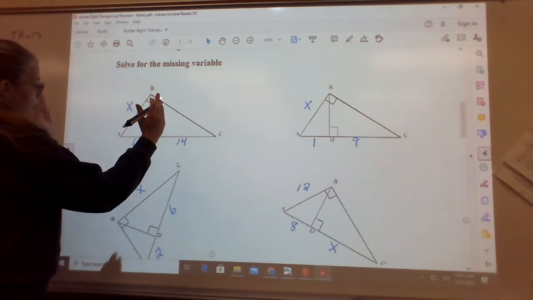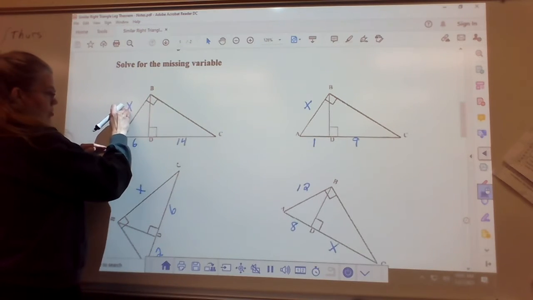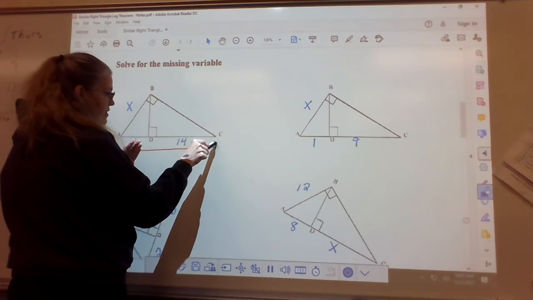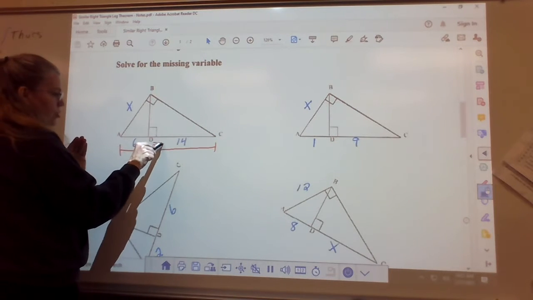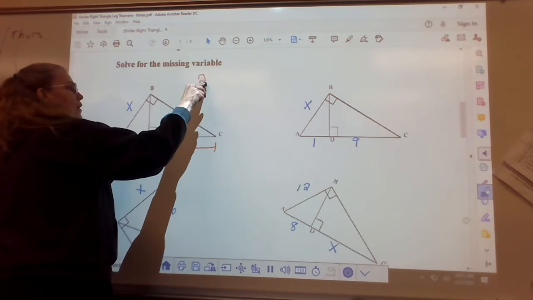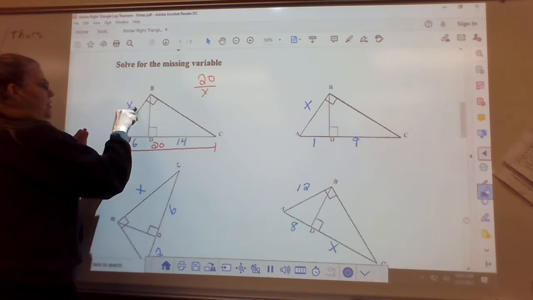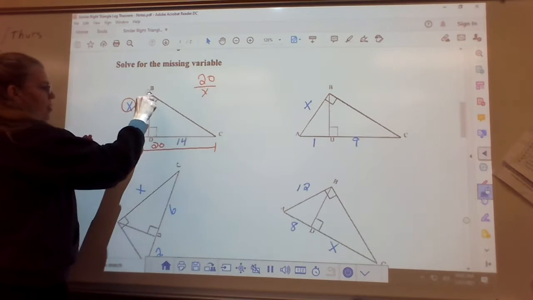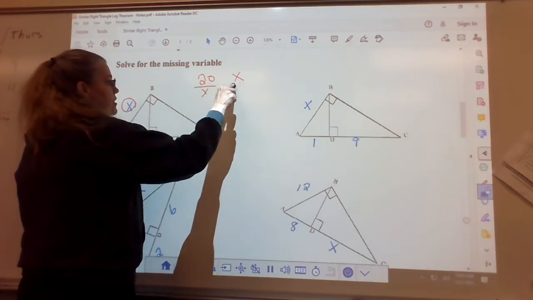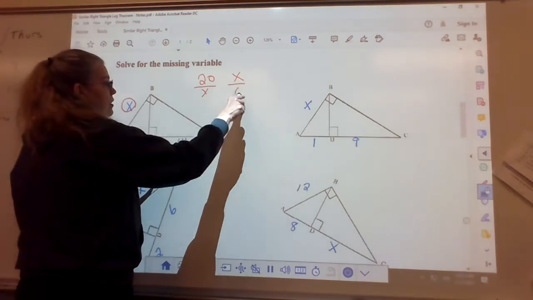So on this guy, I've got my X here in the corner. So it's the entire bottom. Now in this case, I'm going to have to add these two together to get the entire bottom. So I get a 20. So it's bottom over X, because X is getting used for the big triangle and the left-hand triangle. Reuse the X over 6.